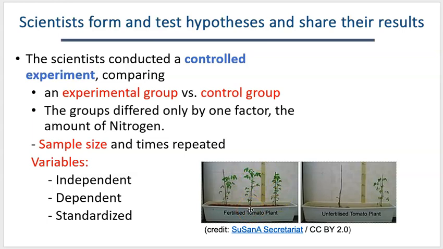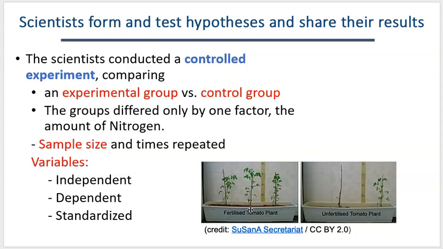Now, a couple of other things that we have to think about with our experiment. The first is the sample size. Sample size represents the number of individuals or samples being tested. We want to make sure that we have a large sample size so that we feel that the research we're conducting and the results we get are unbiased, that the data we're obtaining is significant.